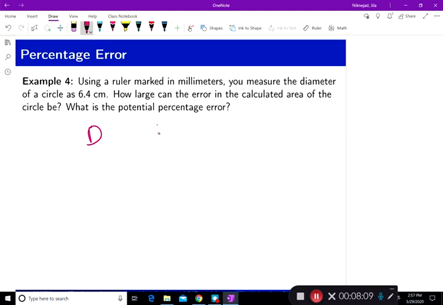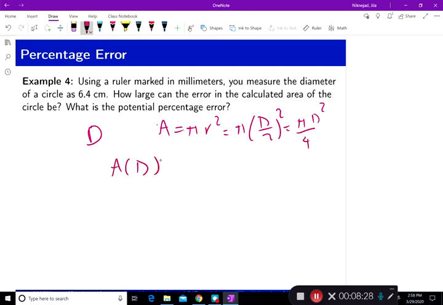Let's remember how area is related to d. Area at r is pi r squared, but r is d over 2, so it's going to be pi d squared divided by 4. So A at d is pi fourth, that's the constant coefficient, times d squared.